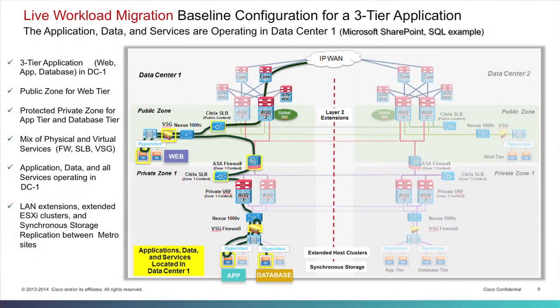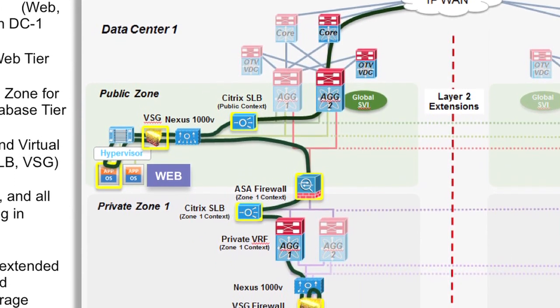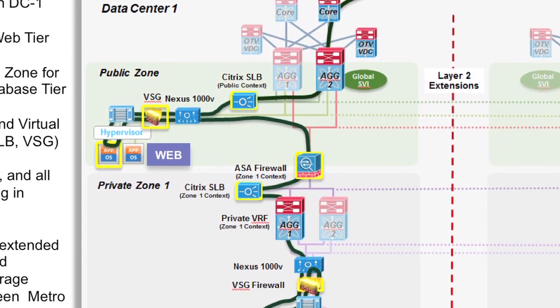So in this slide, this baseline is how we've overlaid or onboarded this application onto our private cloud. We have an orchestrated network container that carves out a set of resources dedicated to this specific application. As you can see here, we've got the web tier of our SharePoint application in a public zone.